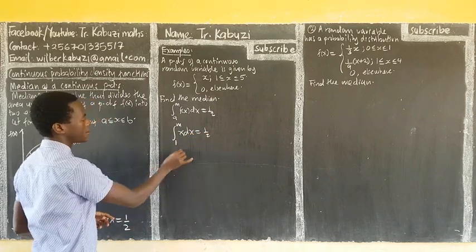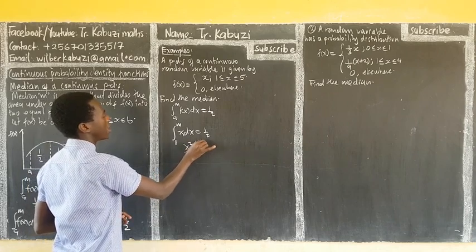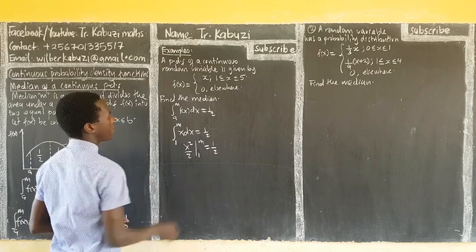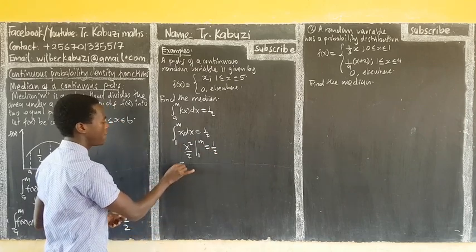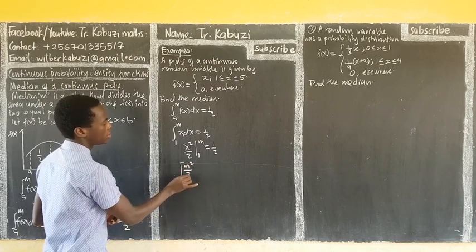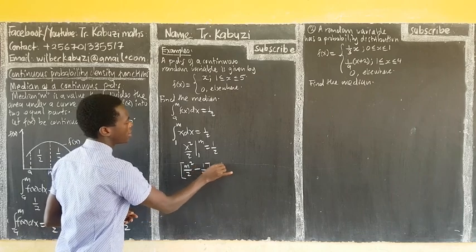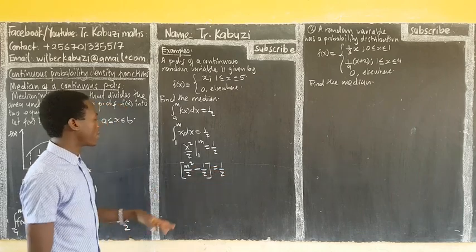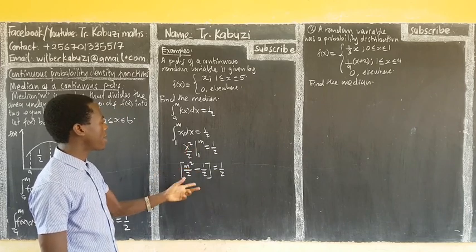Integrating this, we get x squared over 2 from 1 to m equaling a half. Substituting upper limit and lower limit, we have m squared over 2, then minus 1 over 2 equaling a half. When we substitute the upper limit, we get m squared, and when we substitute 1, 1 squared is 1.